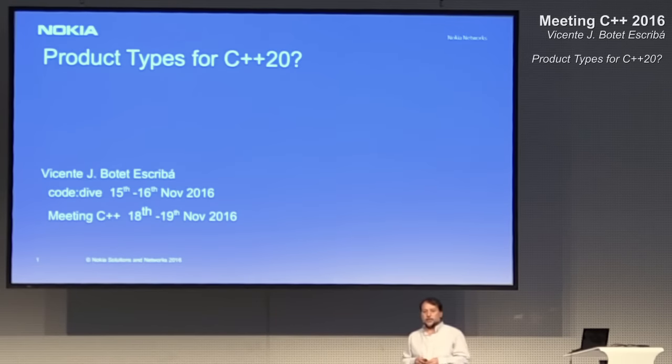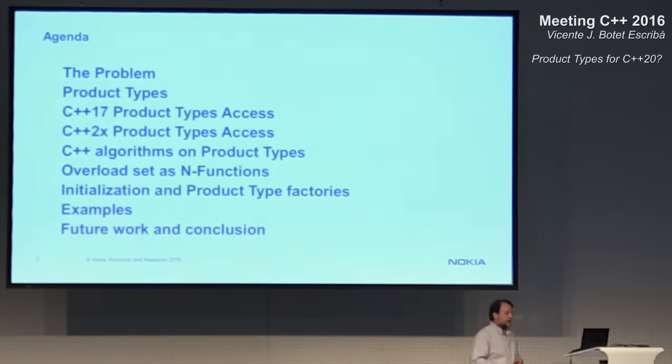I would like to talk about what product types are today and what they could look like in maybe C++20. We'll see what is the problem we try to solve, what are product types, the current situation.